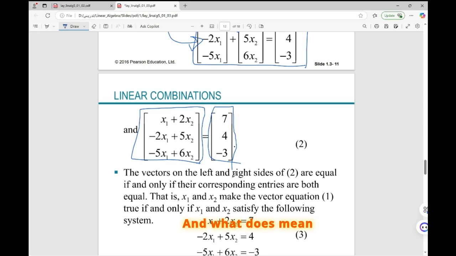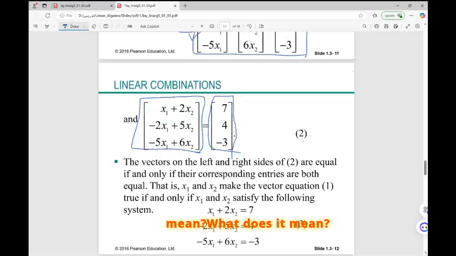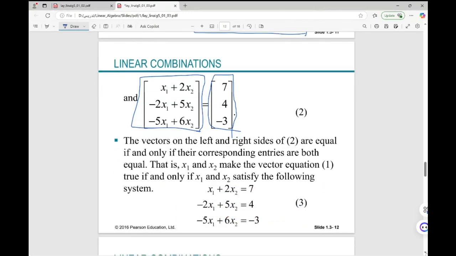And what does equality of these two vectors mean? It means the corresponding entries should be equal. The first entry of this vector, x1 plus 2x2, should be equal to 7.